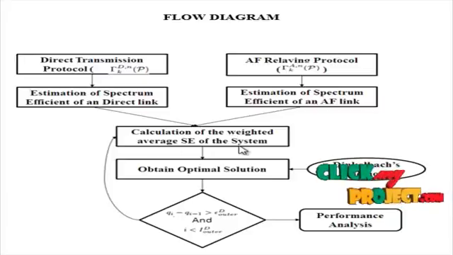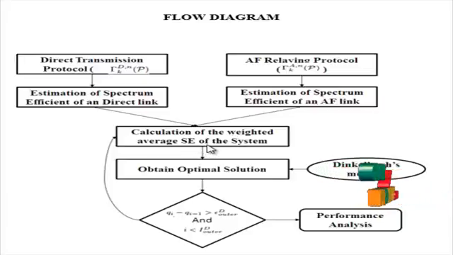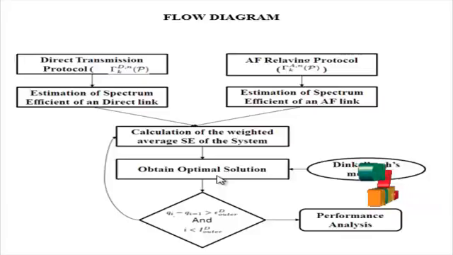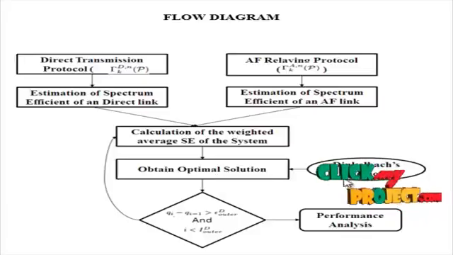Finally, the weighted average SE of the system is estimated. For optimal power and subcarrier allocation, the optimal solutions are obtained based on the Dinkelbach method. Based on this method, we obtain the optimal solution.